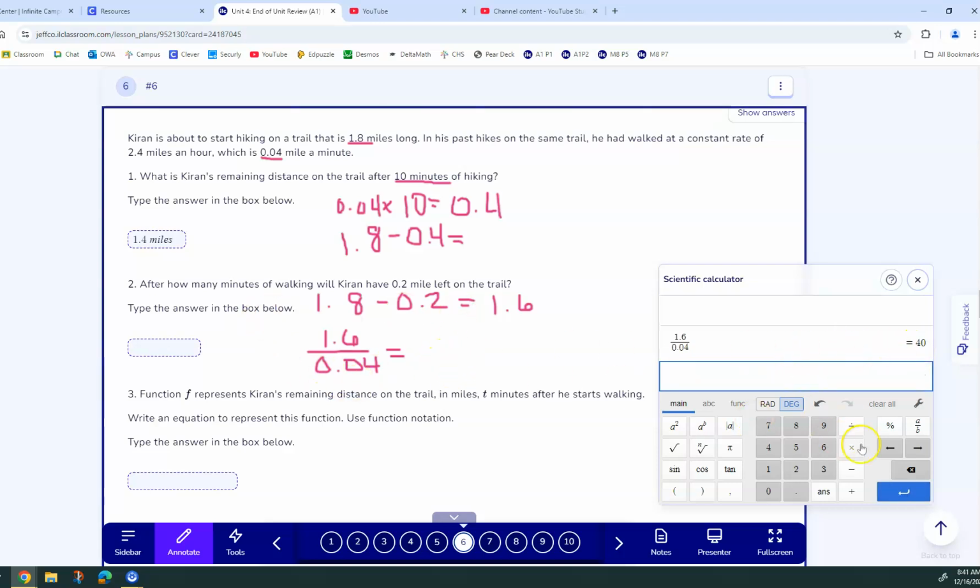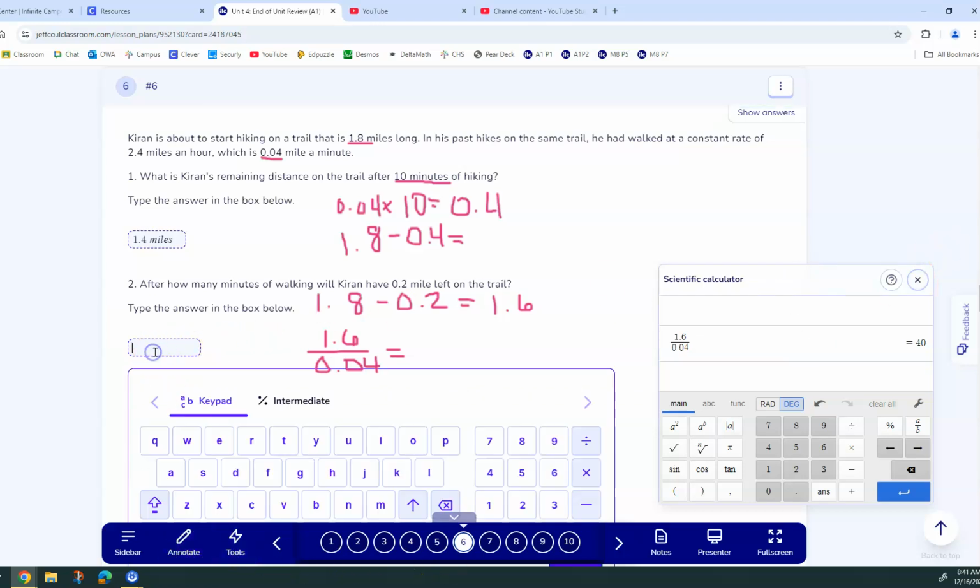So how many minutes did it take him to go that 1.6 miles so that he's only got 0.2 miles left? It took him 40 minutes.